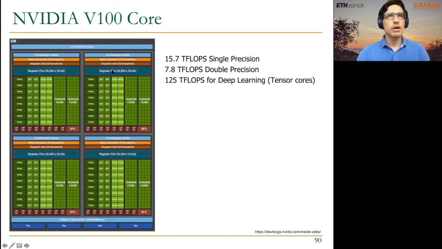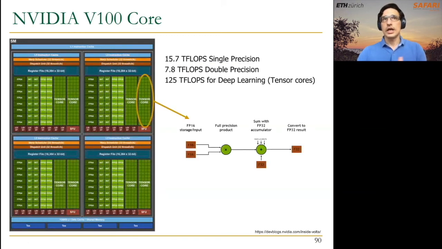We have this dispatch unit, we have the register file, and then we have different execution units specialized for floating point 64 operations, what we call the double data type, integer, float data type, and also these tensor cores that I mentioned before, specialized for machine learning or deep learning.